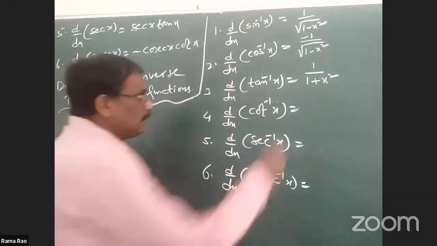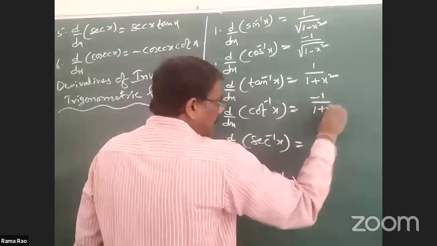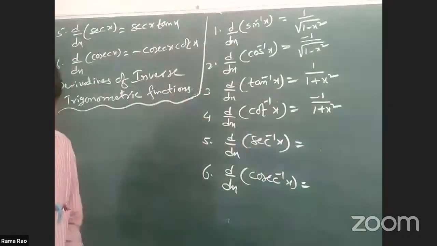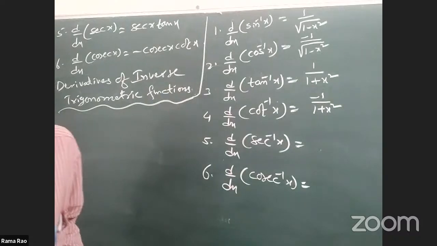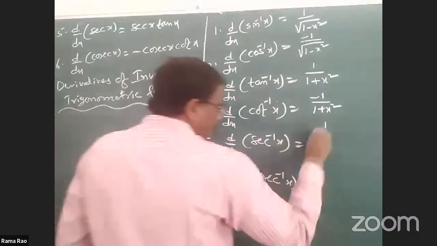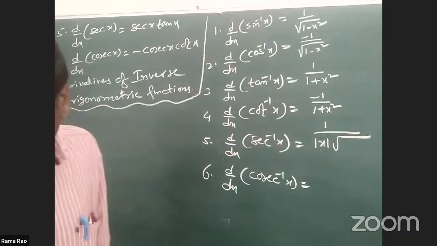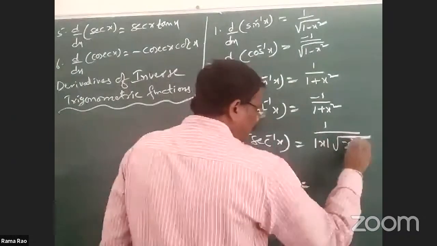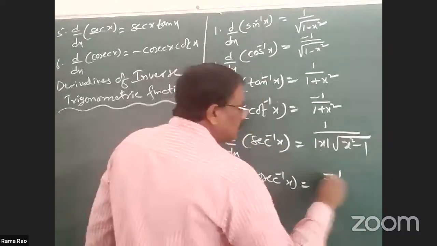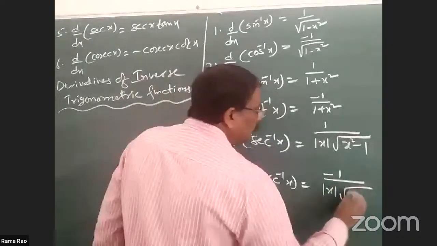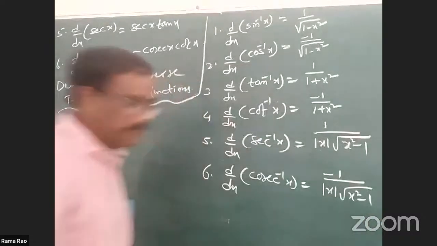Cot inverse x, minus 1 by 1 plus x square. Sec inverse x, 1 by mod x into under root of x square minus 1. Cosec inverse x is equal to minus 1 by mod x into under root of x square minus 1.